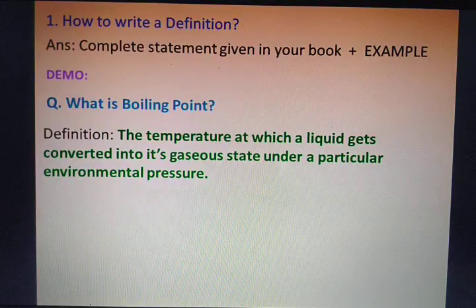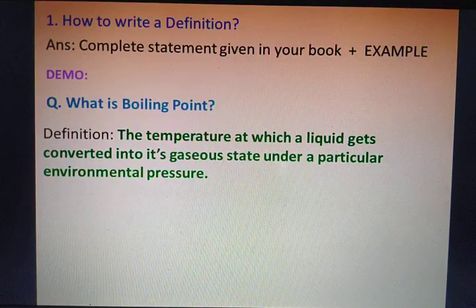Some of you may write, or rather I have seen written, from the liquid state into its vapor state. Of course, to be very precise, vapor is not a state in general. When we started the discussion of states of matter, do you write vapor as a state of matter?